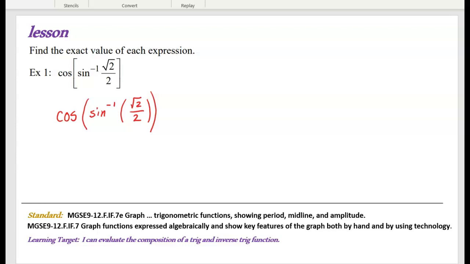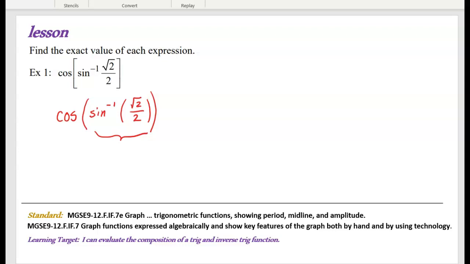This means we're going to find what happens when we plug in root 2 over 2 into the sine inverse function. We evaluate that value, find that answer, and then find cosine of that. So the first problem in this composition is, what is the inverse sine of root 2 over 2?